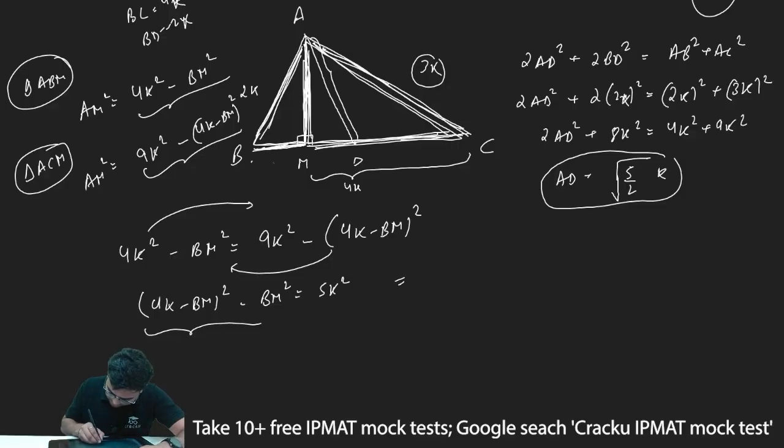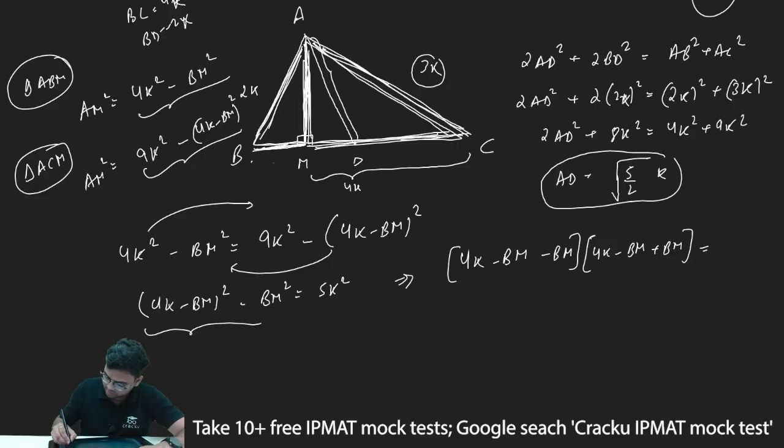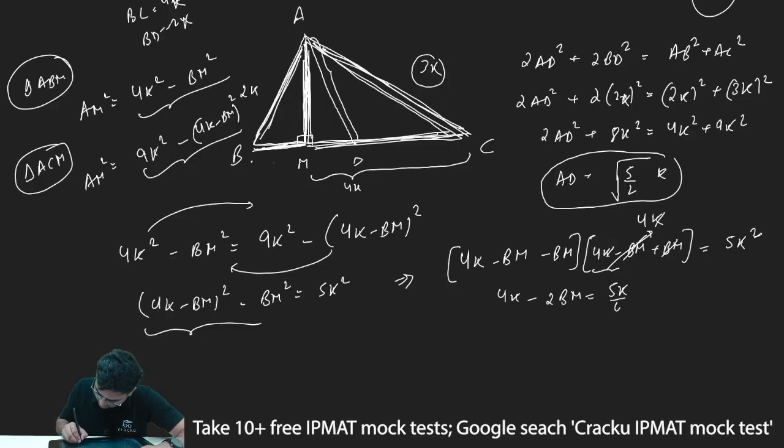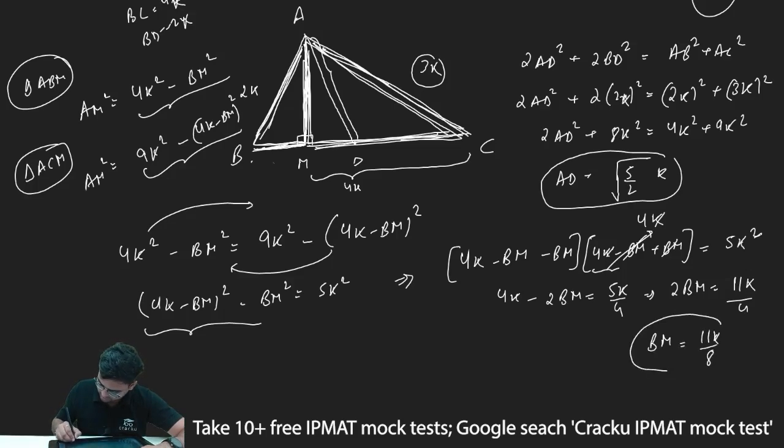So a minus b will be 4k minus BM minus BM, and a plus b will be 4k minus BM plus BM, equal to 5k square. Thus BM and BM cancel, this is now 4k only, and k and k get cancelled. So 4k minus 2BM is equal to 5k by 4. Or I can write 2BM is equal to 16k minus 5k by 4, which is 11k by 4, and thus BM is equal to 11k by 8. This is the value of BM.